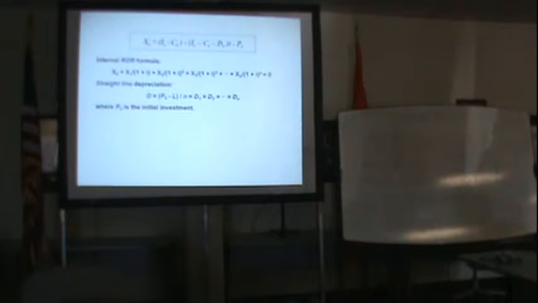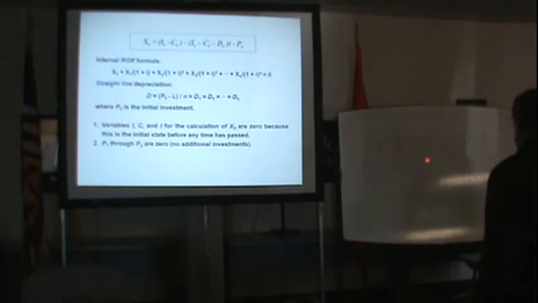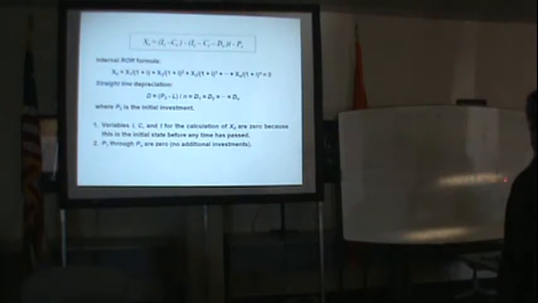I have the intermediate result, so you can follow that. All these are zero, so initially we have just this one, and here are comment number one and comment number two.